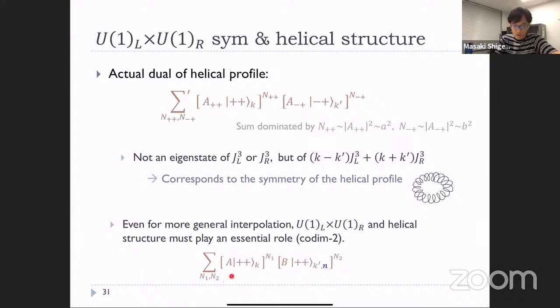So more generally, what we want to consider is this and this spectral flow with general n, interpolated between each other. And even in this case, we have to have this helical structure. So if we are to find any supergravity description of this, it has to have this helical structure.